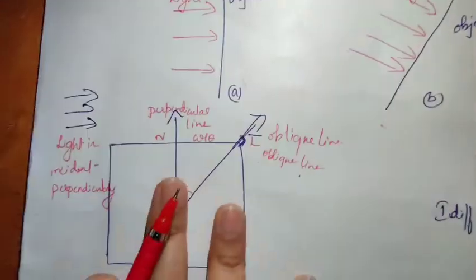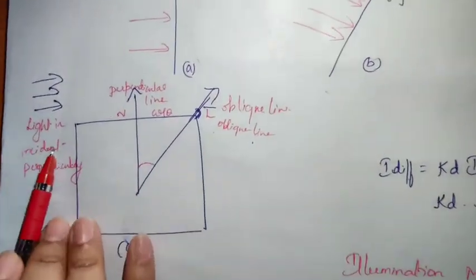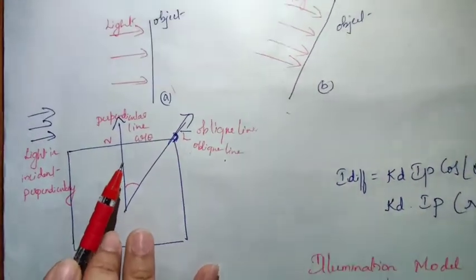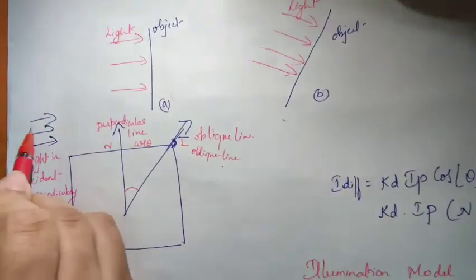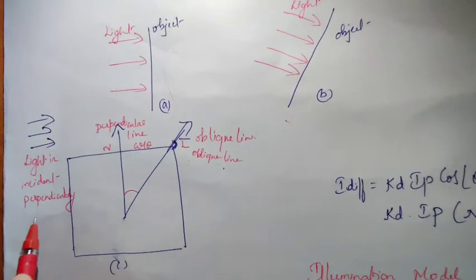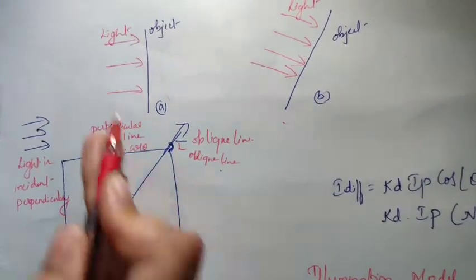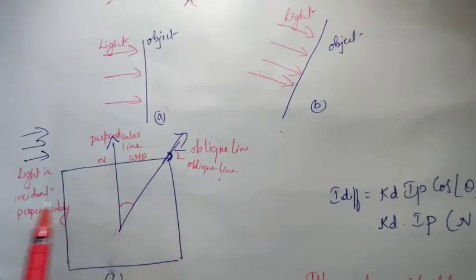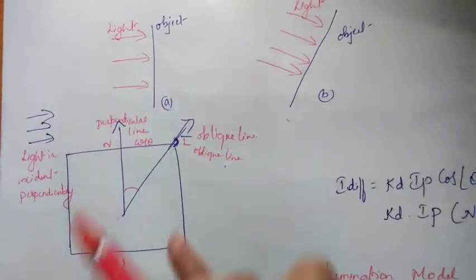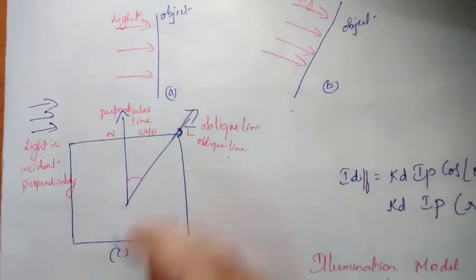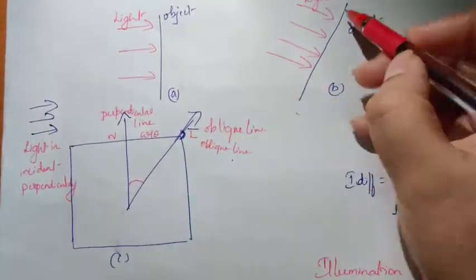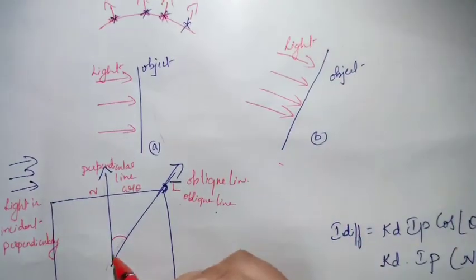Here the light is incident perpendicular to the object. This is the perpendicular line, and this is your oblique line.